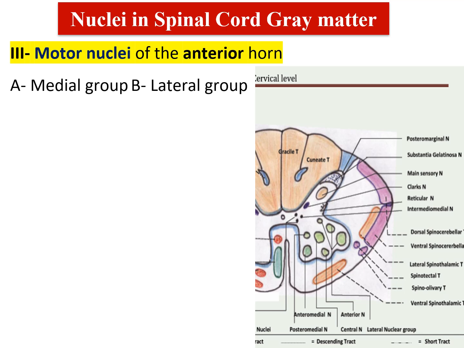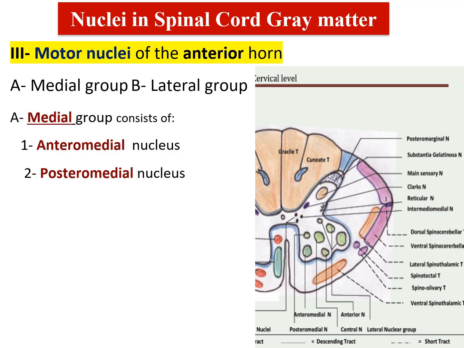As regards motor nuclei of the anterior horn, they are subdivided into two groups, medial group and lateral group. As regards medial group, it consists of multiple nuclei. The first one is anteromedial and the second one is posteromedial.